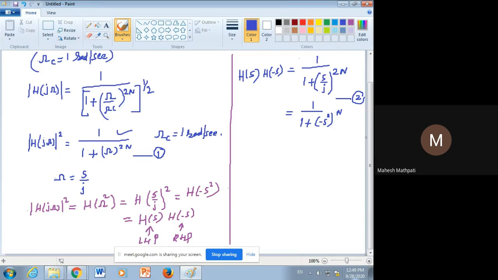Because of the presence of two factors, h of s and h of minus s.